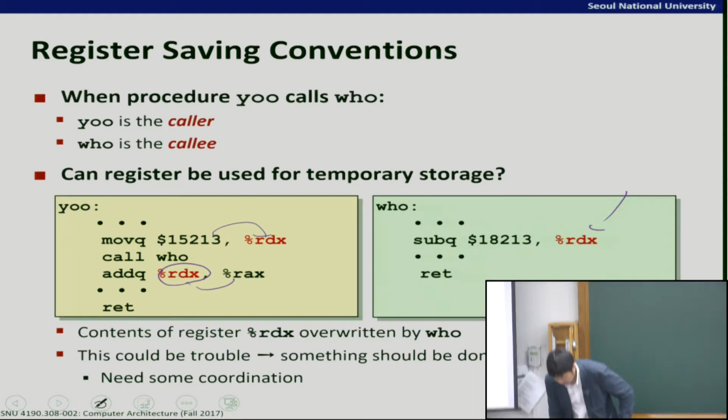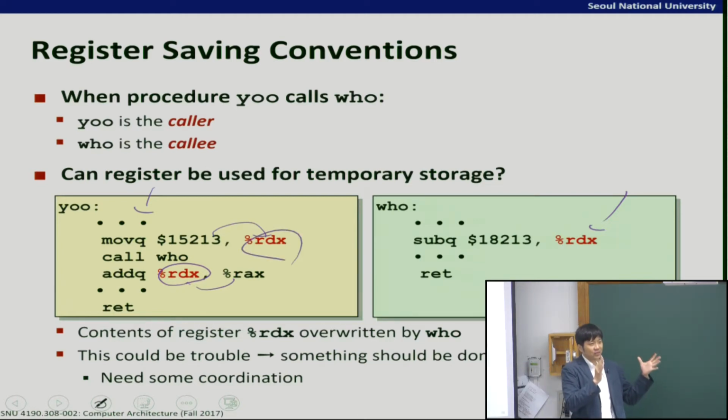So in this case, what this u function expects is that the value of register RDX will be preserved across the function call. That's the expectation of u, which may not be true, because in this case, the who function actually overrides the value of RDX, right? So it will actually break the value. And then if it returns, u will see the garbage value, because it was overwritten by the callee, right?